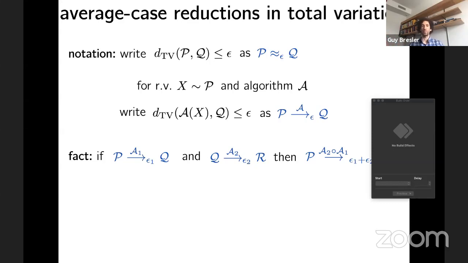So A takes an instance drawn from distribution P, and the output distribution is Q up to error epsilon.